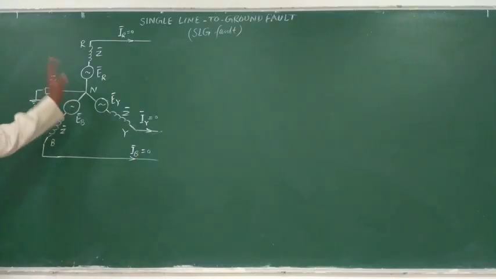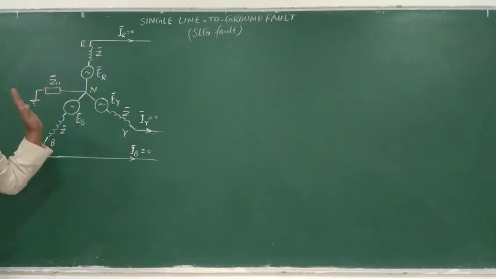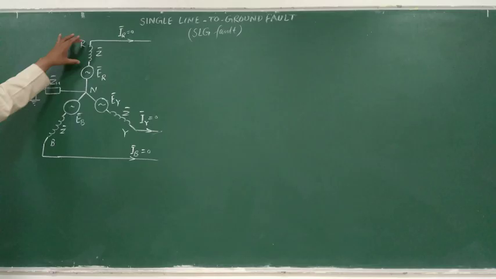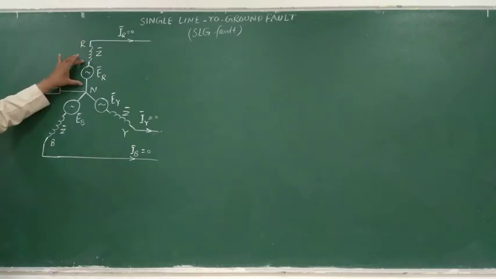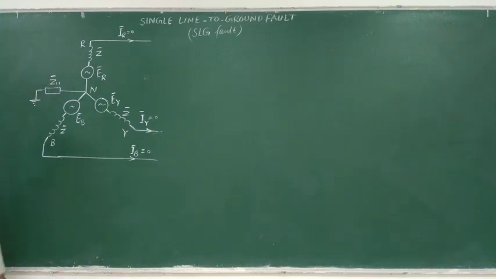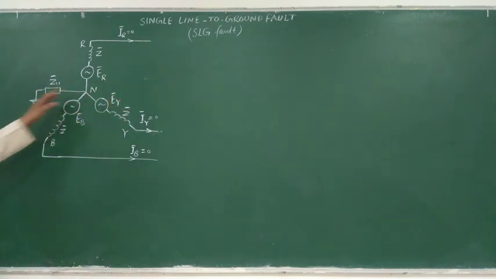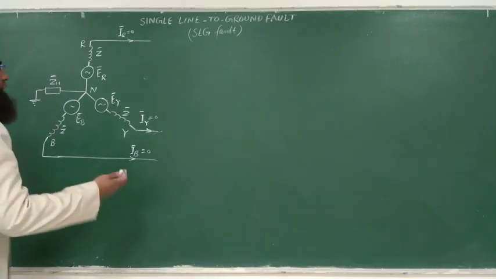So system is unloaded means the three currents in the three phases will be 0. So once current is 0, no drop here. Whatever this ER is there, the same will be VR. VR is voltage drop between R phase and ground, right? Neutral is grounded.